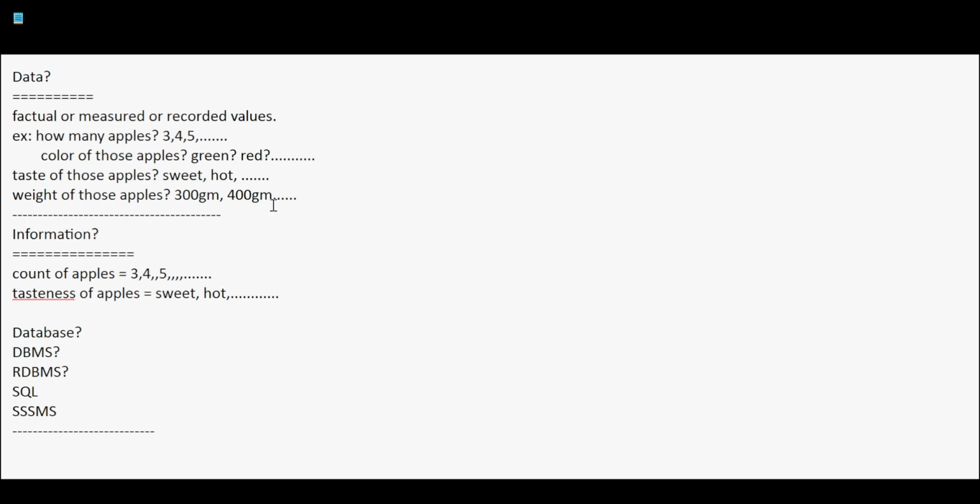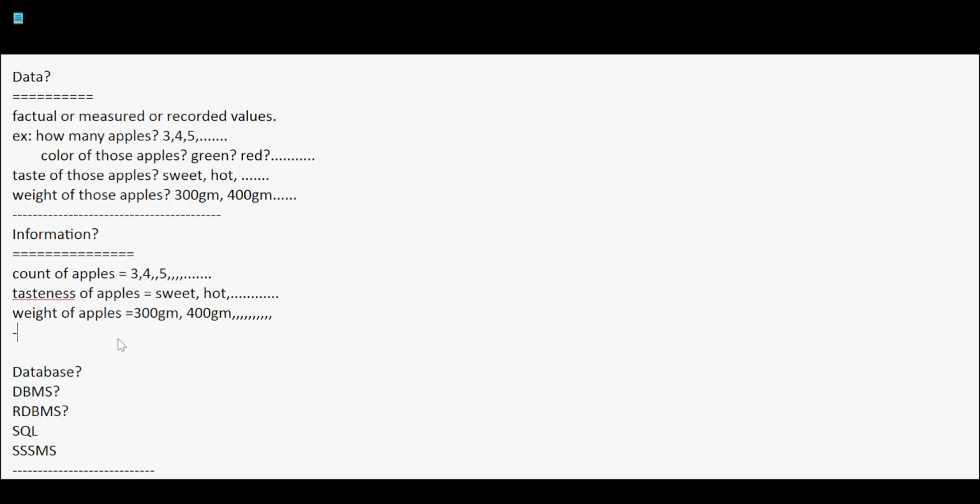Now, if you assign anything, color of apples, red or green, or weight of apples equal to 300 grams or 400 grams or anything, if you assign those data to a particular variable, that conveys information.